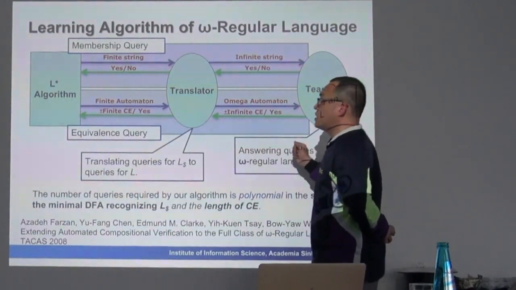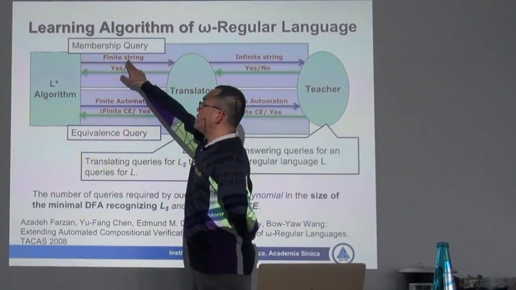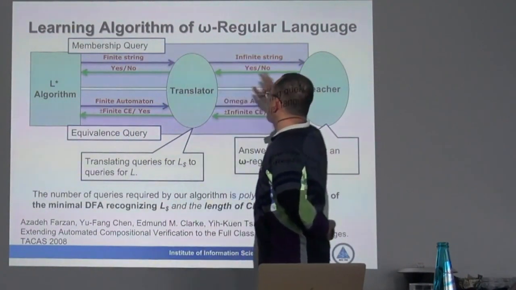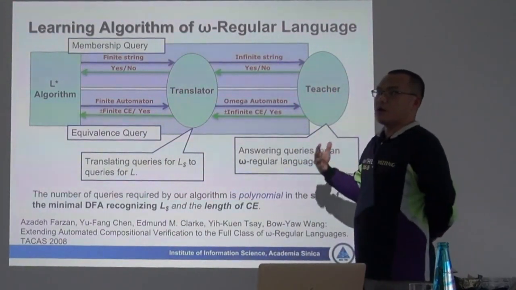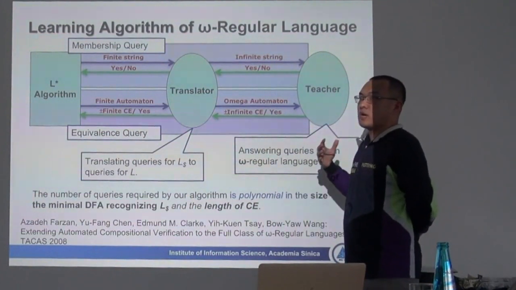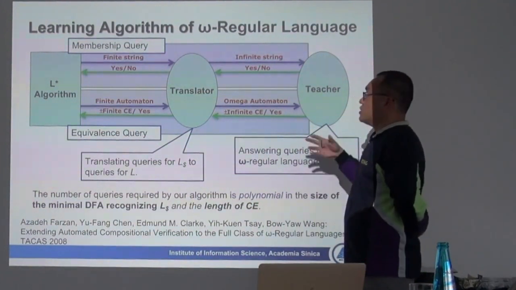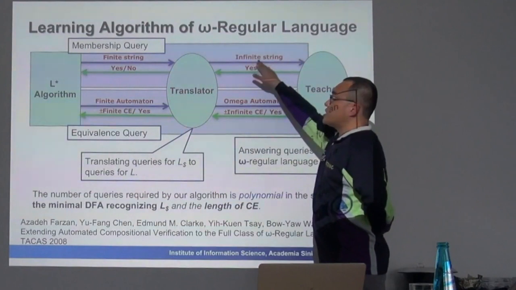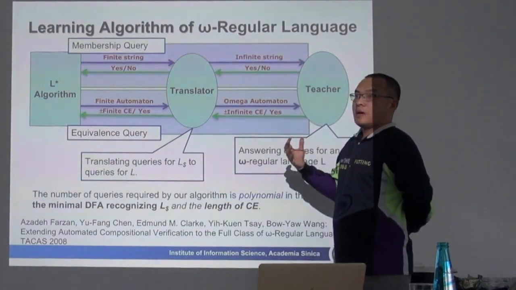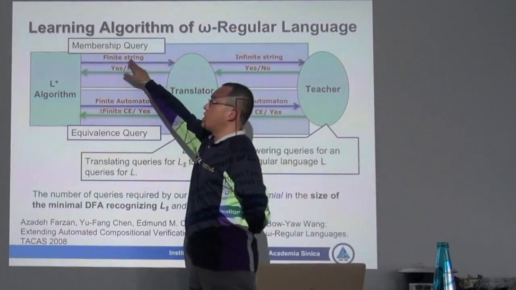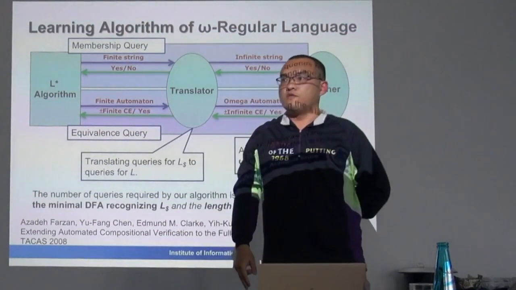For a membership query, we assume a teacher that can answer queries about an omega regular language. So it should answer membership queries in the form of U V omega. But L star will only ask membership queries in the form of a finite string.